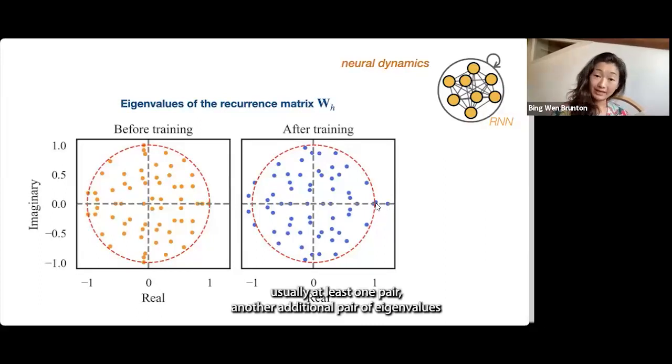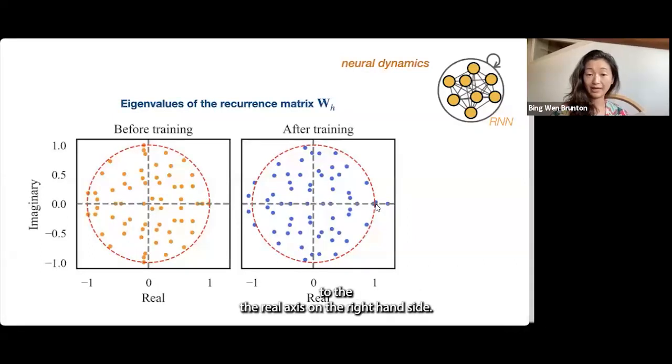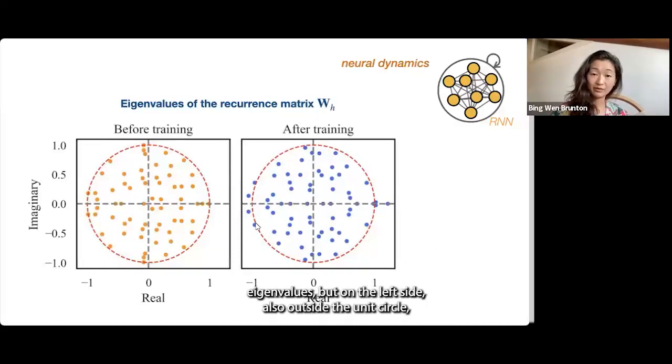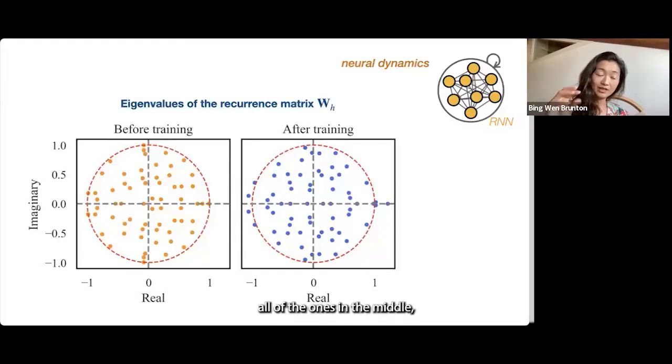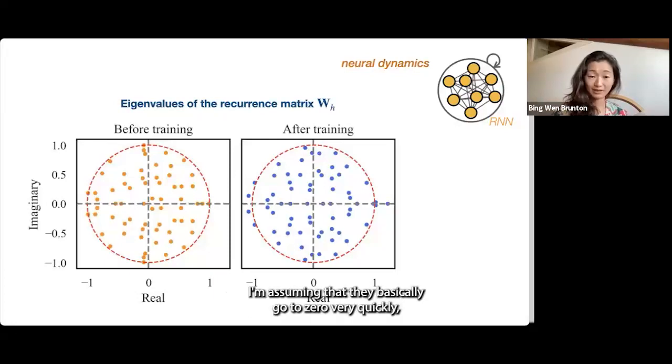There are usually at least one additional pair of eigenvalues outside the unit circle, but very close to the real axis on the right-hand side. We then also see usually 1 or 2 pairs of complex-valued eigenvalues on the left-hand side, also outside the unit circle. All of the ones in the middle, especially those close to the origin, we disregard. I'm assuming they go to 0 very quickly. I'm paying attention especially to the ones on or outside the unit circle, because they seem to be the ones driving the neural activity.